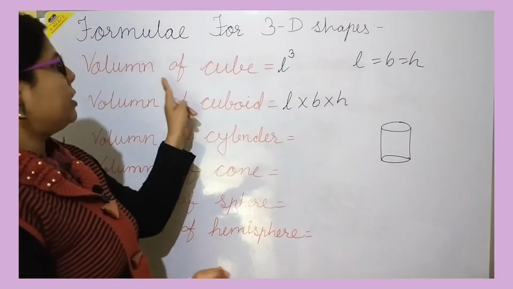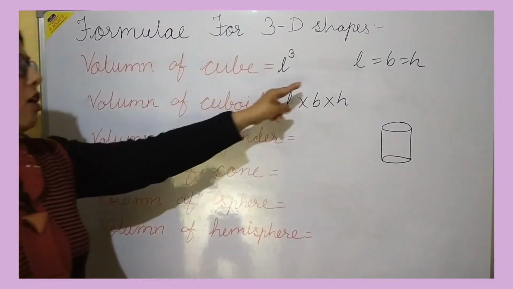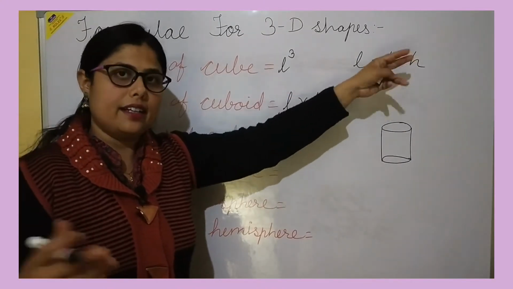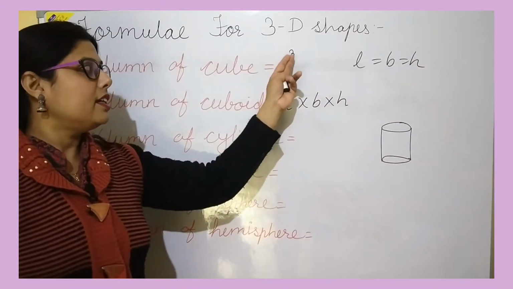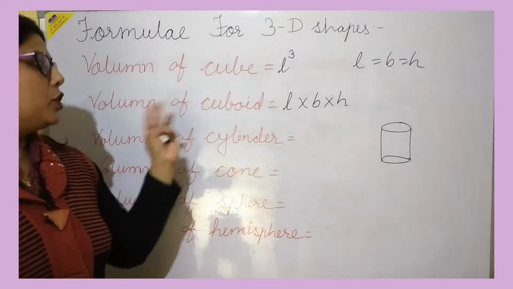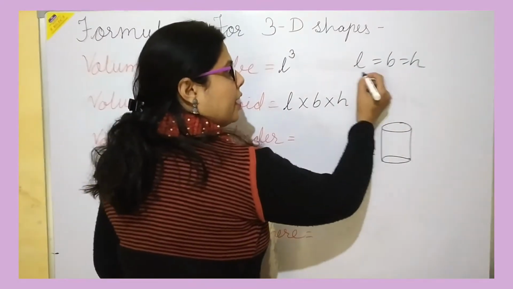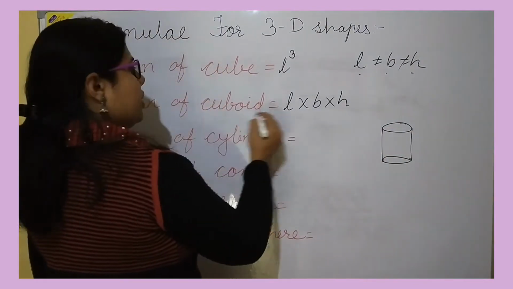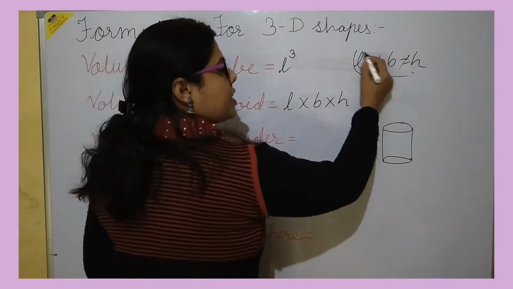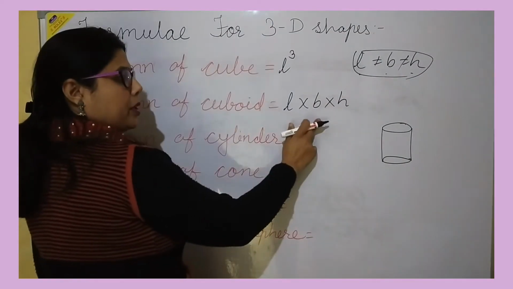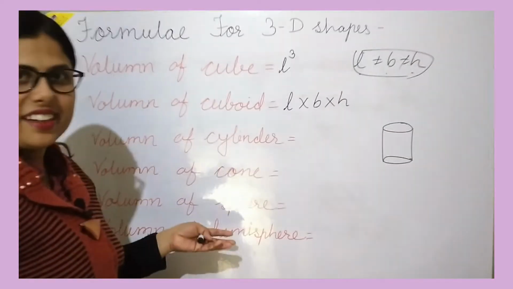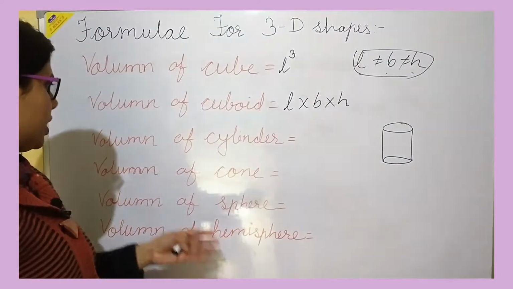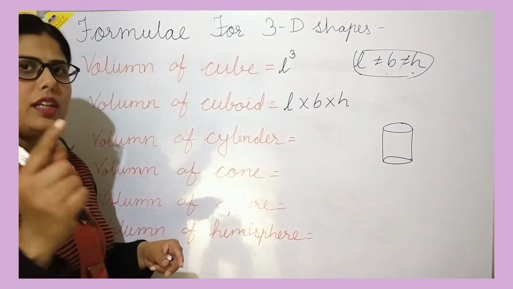In cube all length, breadth and height are equal, so the formula is L cube. But in cuboid, length, breadth and height are not equal, so the formula becomes L into B into H. Very easy.